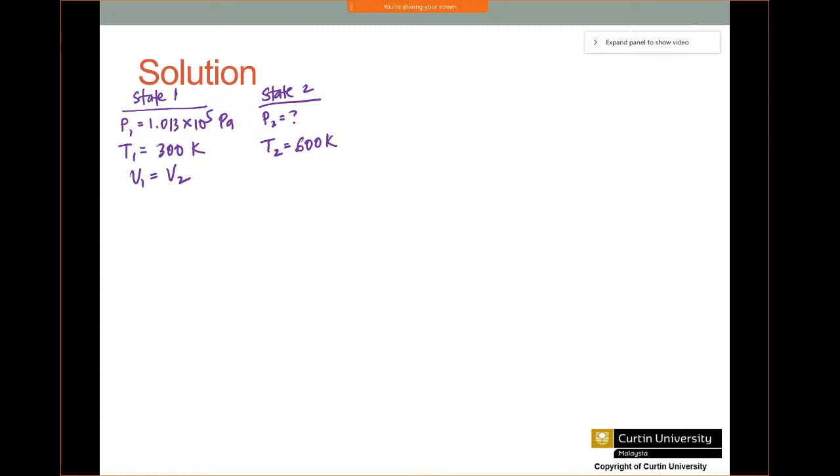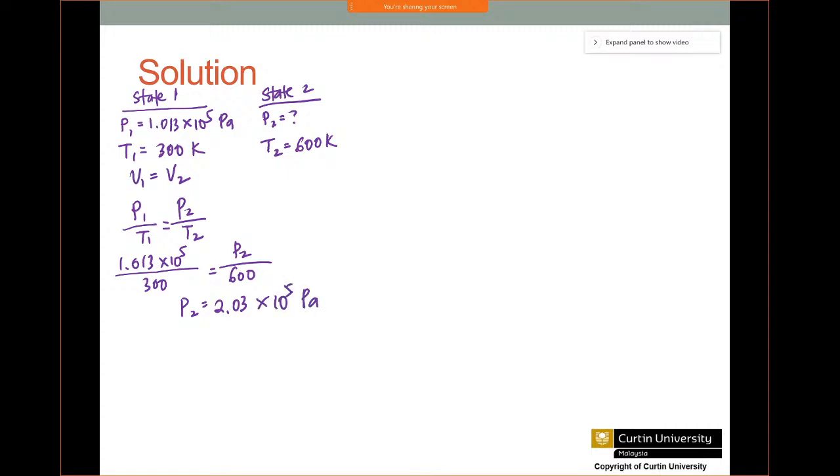V1 equals V2. So we have P1 over T1 equals P2 over T2. Plug in the value. P2 is 2.03 times 10 to the power of 5 Pascal.